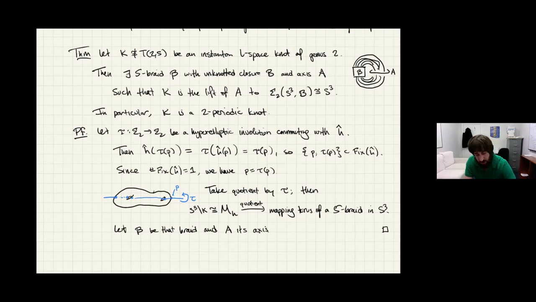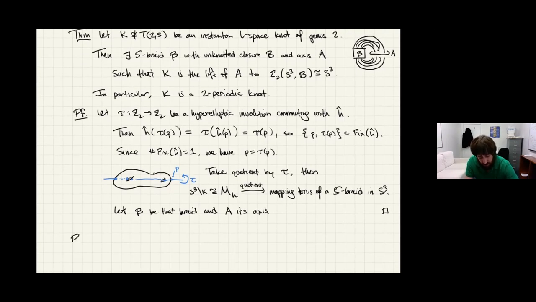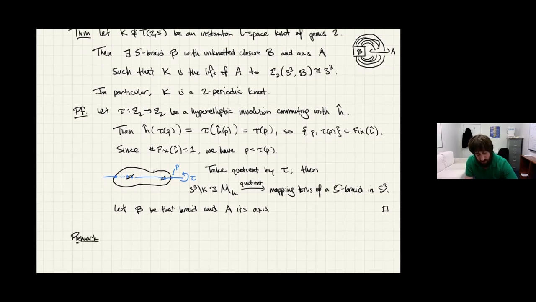Maybe I should remark that there's the theorem of Wang and Zhou from 1992.